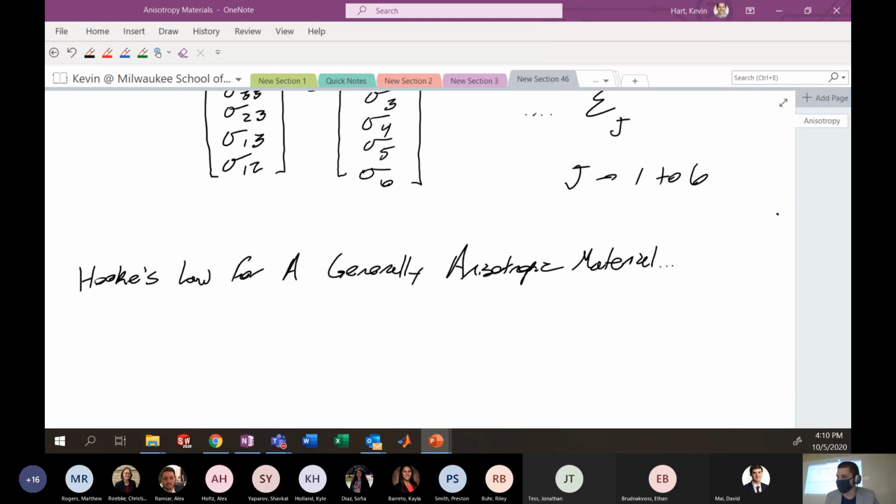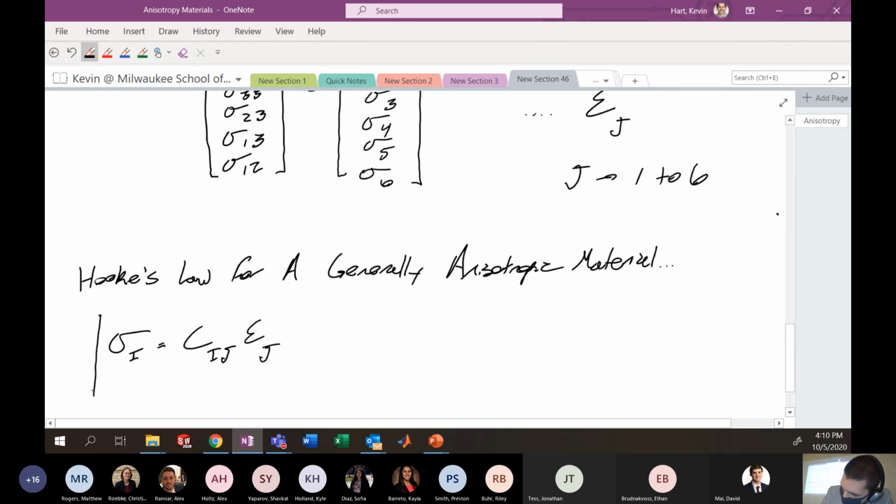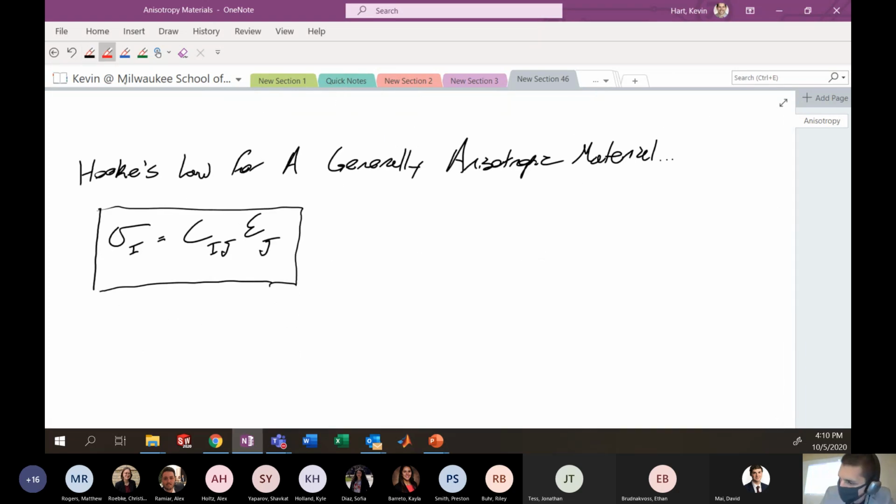That might look something like simply sigma capital I is equal to capital C I j times epsilon j. This is the most simplistic form, where this capital Cij is the stiffness matrix, and it's a 6 by 6 here.